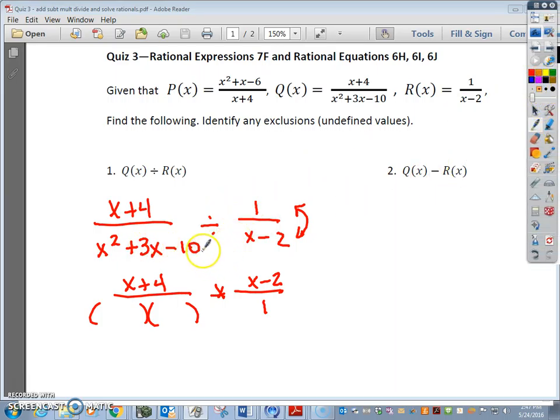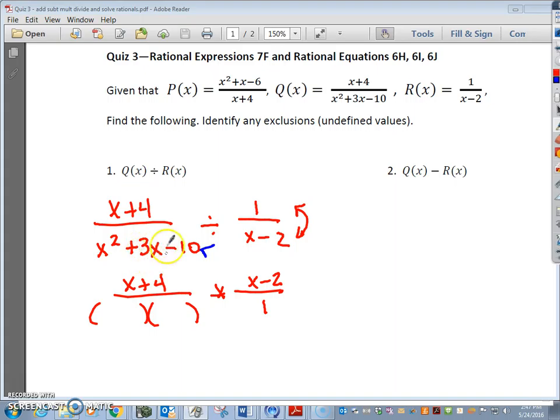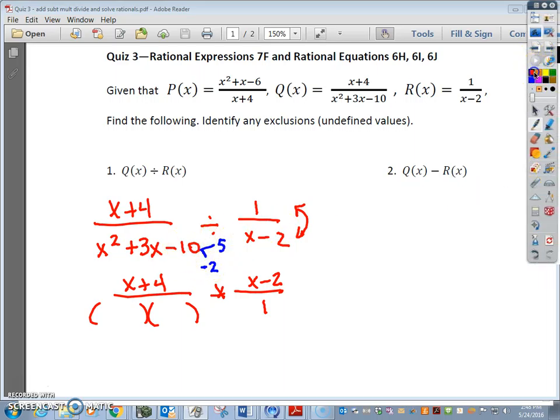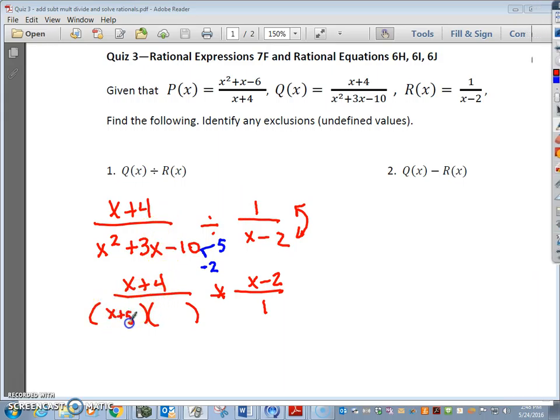It's going to be 5 and 2. One of these is negative. Which is negative? The 2, because 5 minus 2 is positive 3, and 5 times negative 2 is negative 10. So my two factors are going to be x plus 5 times x minus 2.